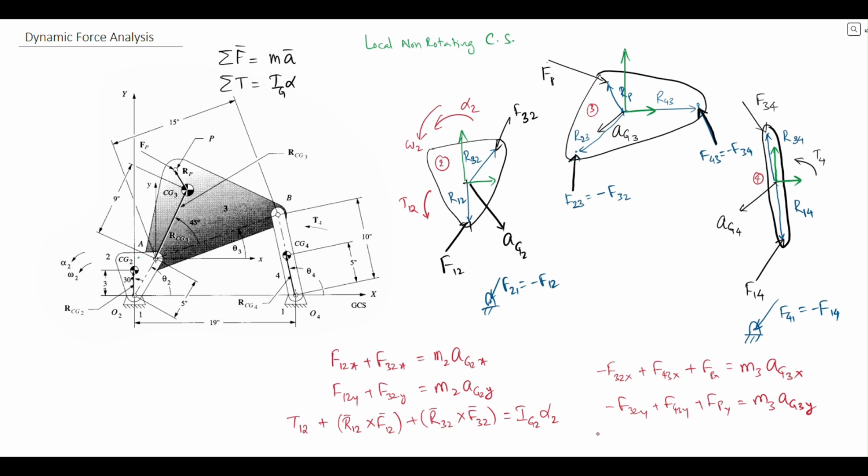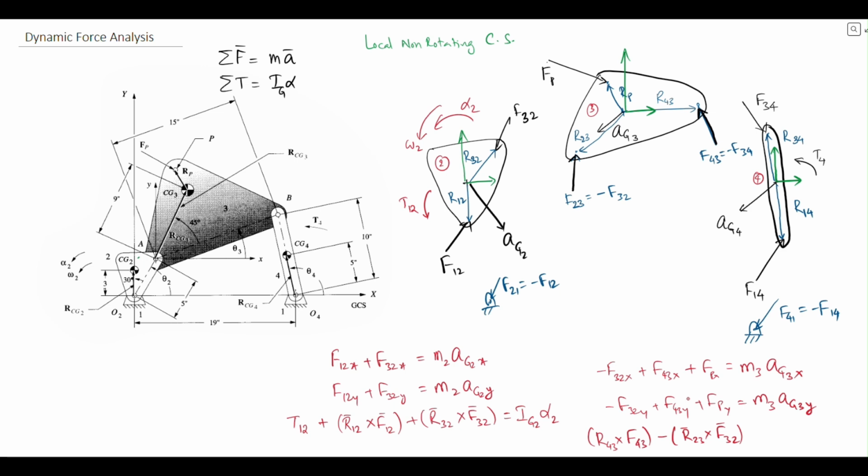Last but not the least, we can write the moment equation also. You can take R43, take a cross product with F43, and then subtract R23 crossed with F32. Normally I would have added it if it was F23, but we are taking F23 to be minus F32, so that we reduce one unknown. It's not an unknown; we are just writing it in terms of something we already know, because we know F23 is equal to minus F32.